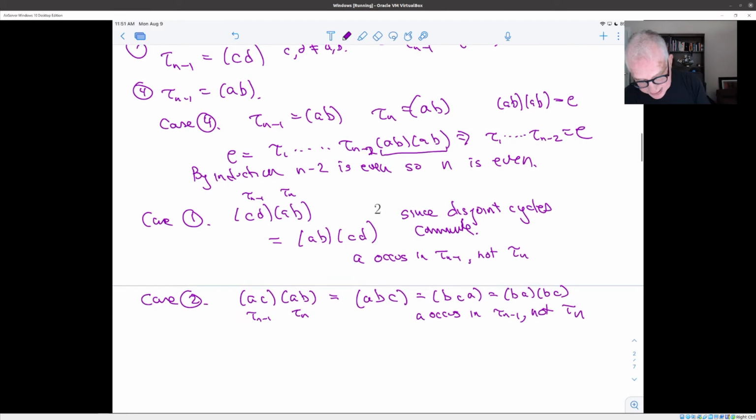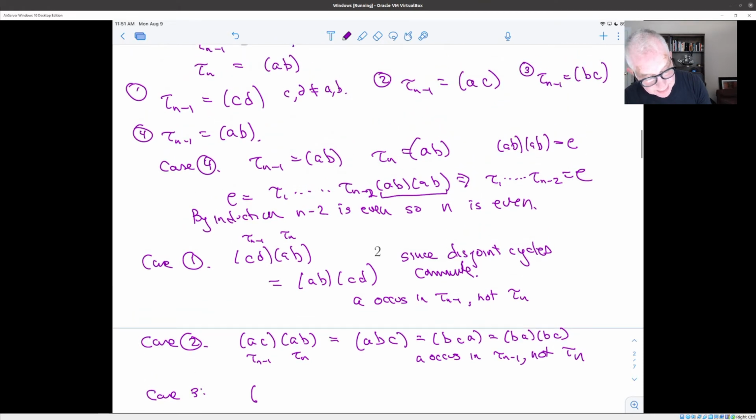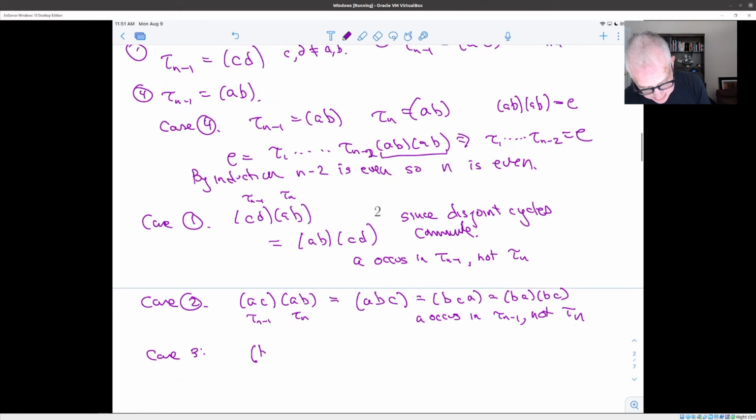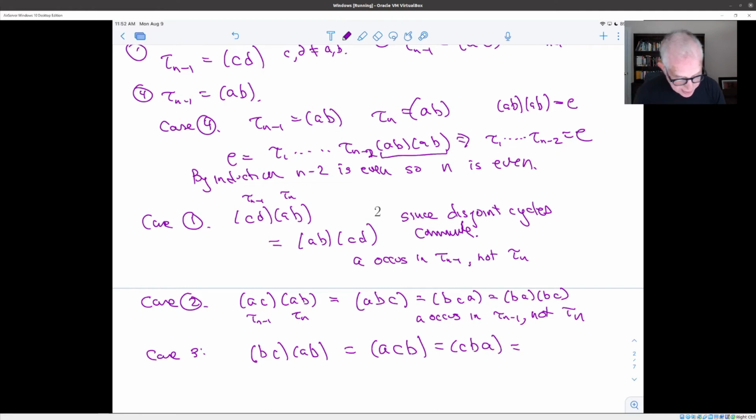And we have one more case, which is the case BC, AB. Again, we write that out. It's A goes to B goes to C, and then C goes to B and B goes to A. We do the same thing: we cycle it by 1, and then we rewrite it as a product of transpositions, and we get CA, CB.